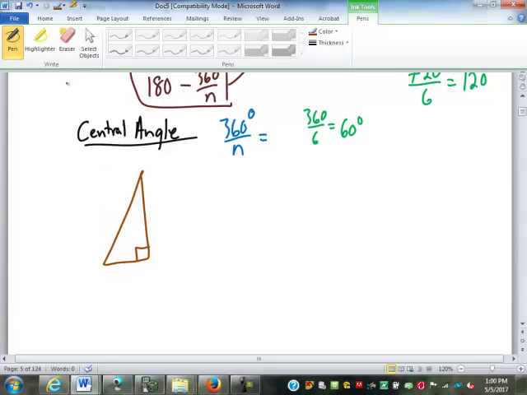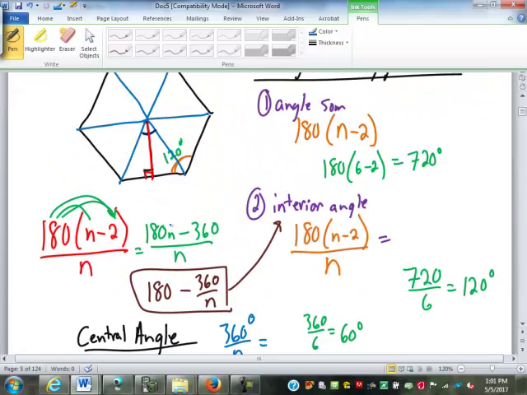In this right triangle, I now know that this angle here is half of this one, right? So that's going to be 360 over n divided by 2. It becomes 180 over n. Because the whole angle here was 360 divided by n, this angle is just 180 divided by n.